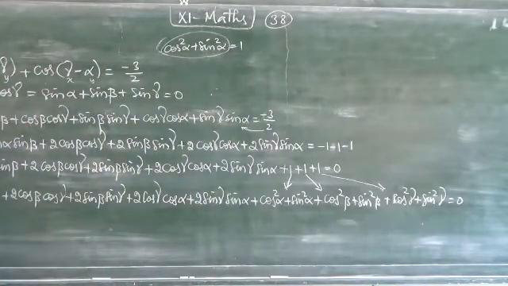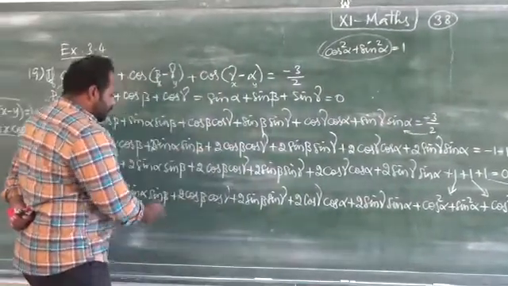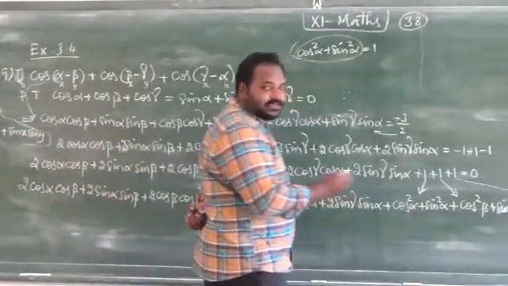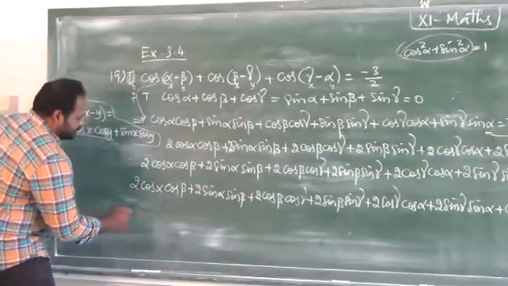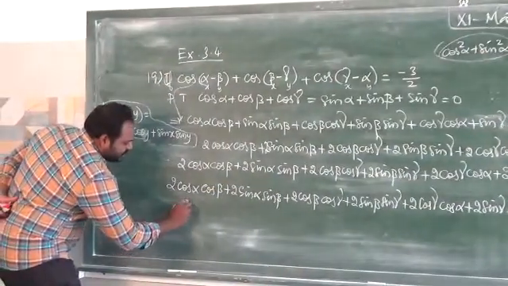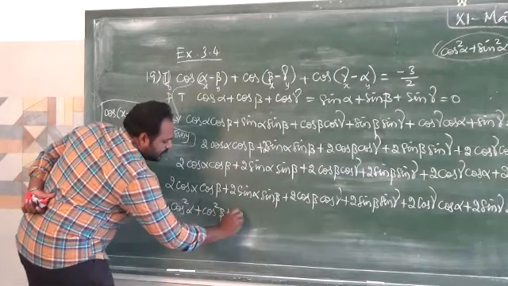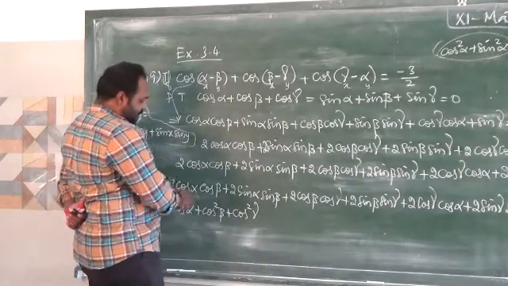That's all. Now I am going to group these terms. How can we make groups? We have 2 functions separately. One is the cos function, another one is the sin function. So I am going to separate the cos functions first and then the sin functions. First separate the cos functions. Cos square alpha, cos square beta, cos square gamma we have. Next, in these terms, what are the cos functions we have?